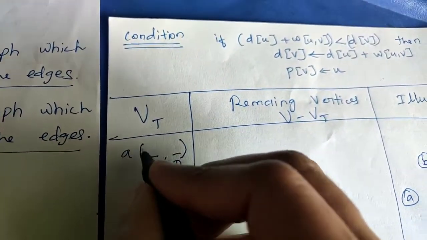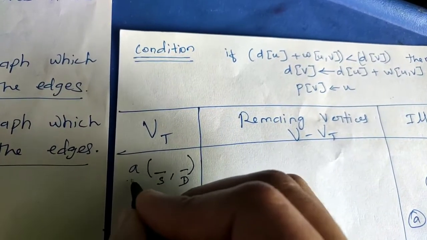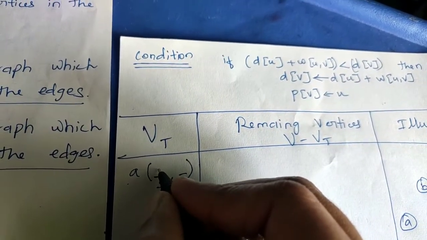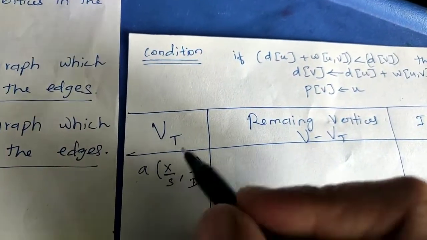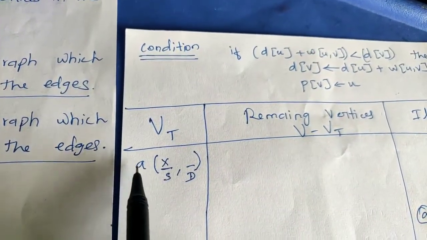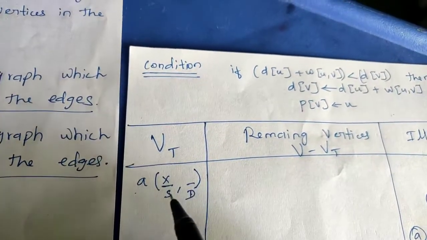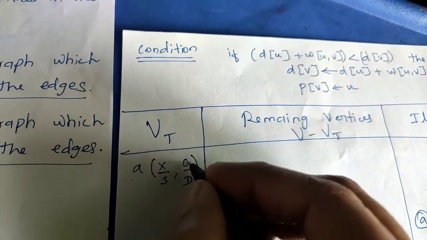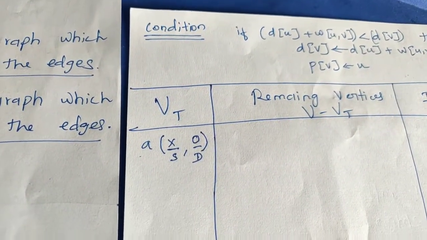For a starting vertex, there will be no source. That means this is a starting point, and it cannot be visited from any other vertex. The distance of the starting vertex should always be 0.